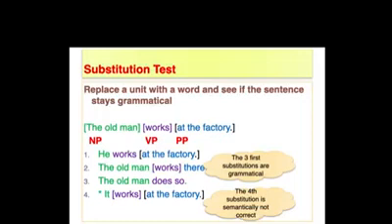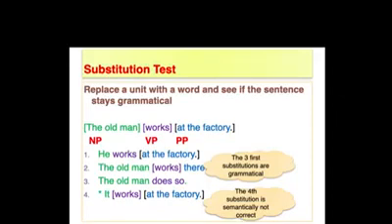How about saying the old man does so? Now, does so, here we are trying to substitute the VP. Now, in the VP we have the verb phrase, which includes both the verb but also the PP.